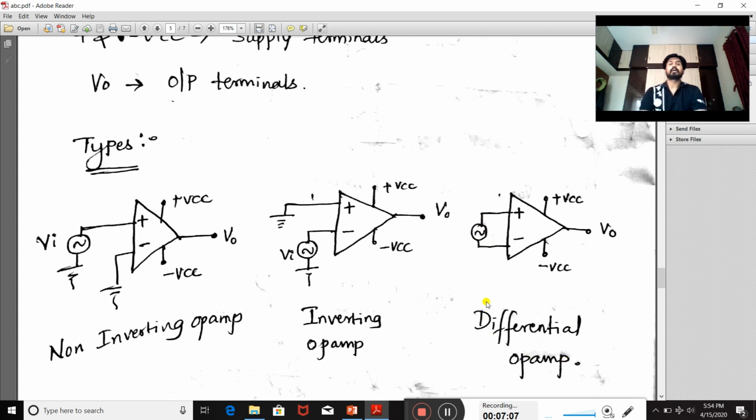So an operational amplifier can be used as an inverting, non-inverting and differential amplifier based on where you connect the input signal. In this way the operational amplifier is classified.